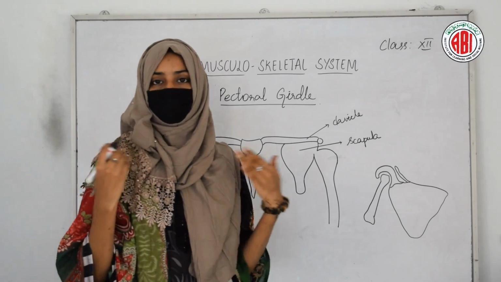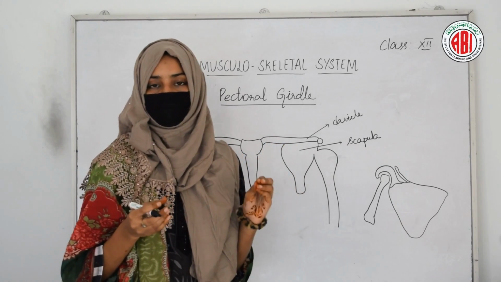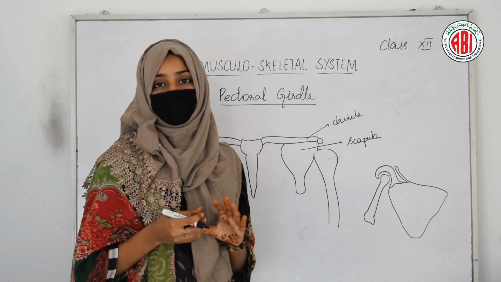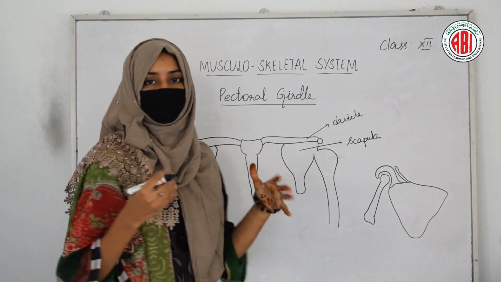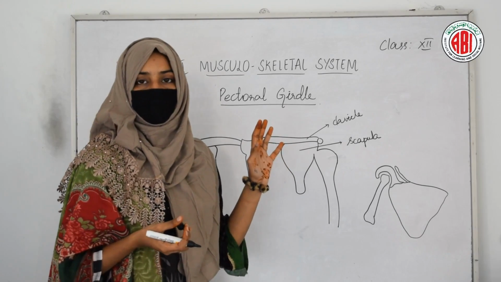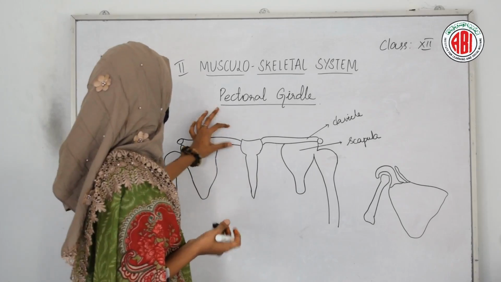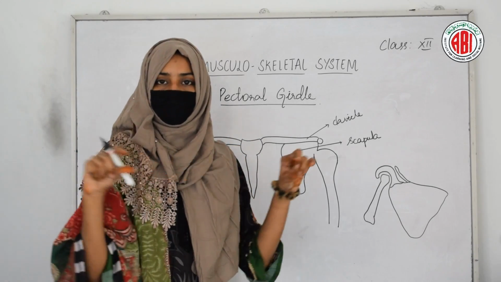The bones which are found in the pectoral girdle form our chest cavity and even the shoulder region. The dorsal side of our body also shows the bones of the pectoral girdle. Here in the front below your neck you can find 2 bones.